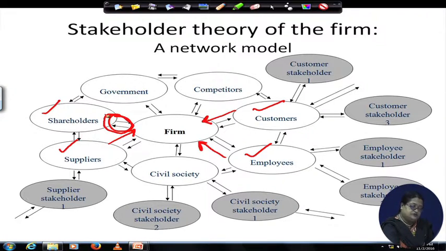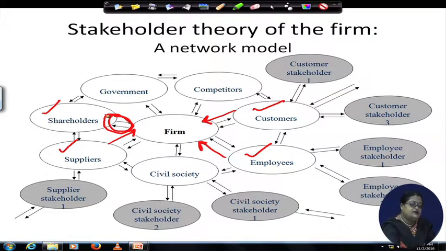But the firm's responsibility back to the customers, employees or the suppliers has not been recognized in the traditional model of doing a business, which we talk of as the shareholder orientation of doing a business.